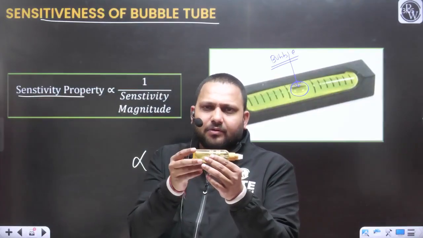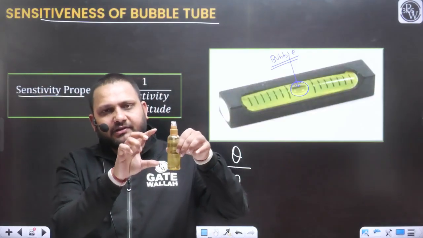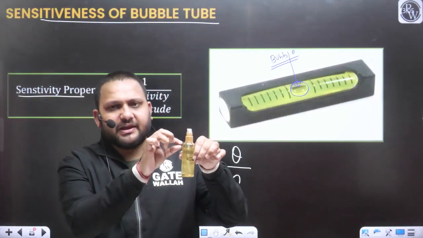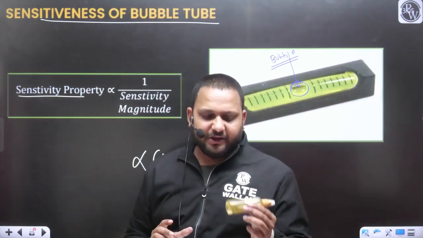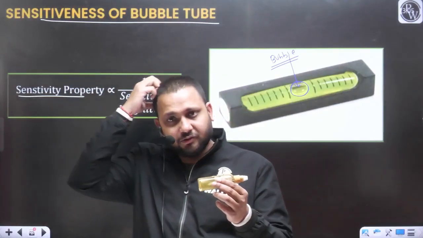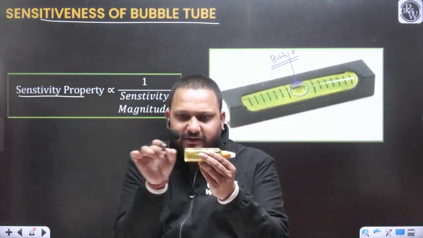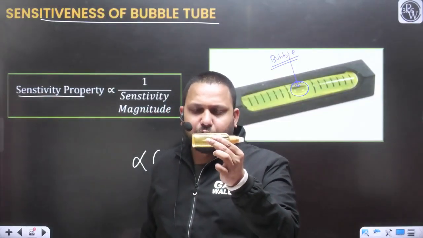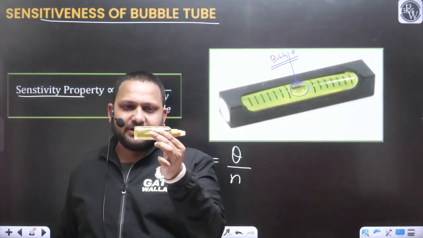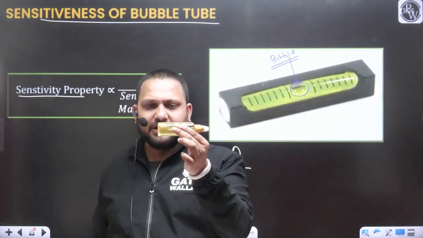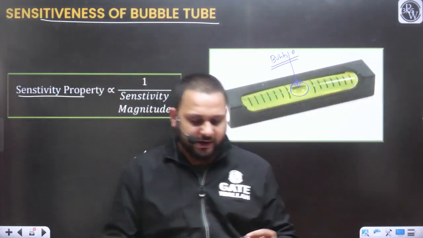I want the size of the bubble to be large because the liquid is less. If we increase the liquid, the size of the bubble will decrease. Yes or no? So if I want to move this bubble one division, we need to provide a certain rotation. Without rotation, this bubble will not move anywhere.